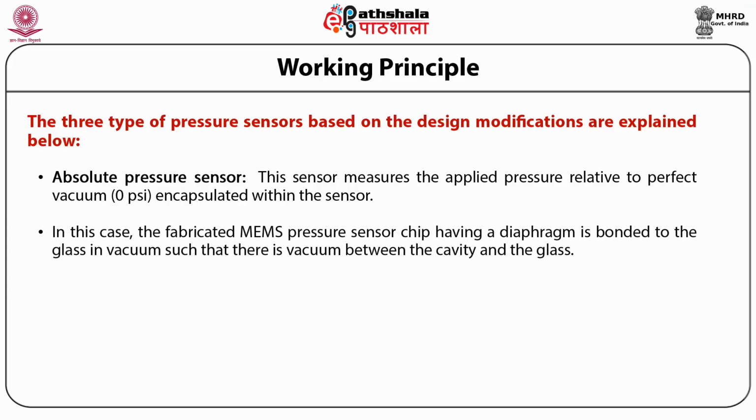In this case, the fabricated MEMS pressure sensor chip having a diaphragm is bonded to the glass in vacuum such that there is vacuum between the cavity and glass. The pressure sensor shown in the figure on the left hand side of the previous slide is an absolute pressure sensor.